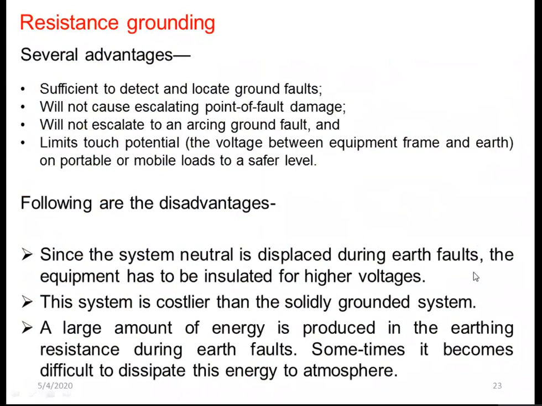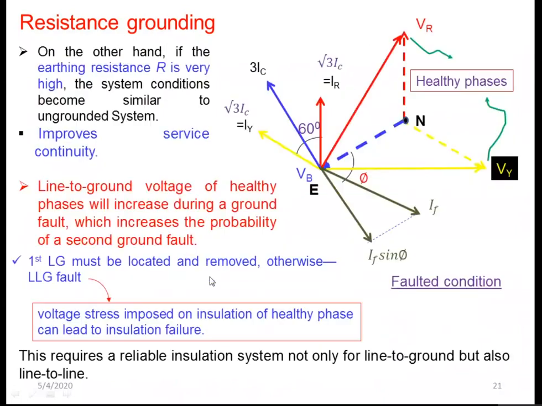And thus it is required that, because if there is a shift in the potential of the neutral with respect to the ground, if I say this arrow is up to this point, or up to this point, there is a shift in the system neutral voltage with respect to the ground potential.